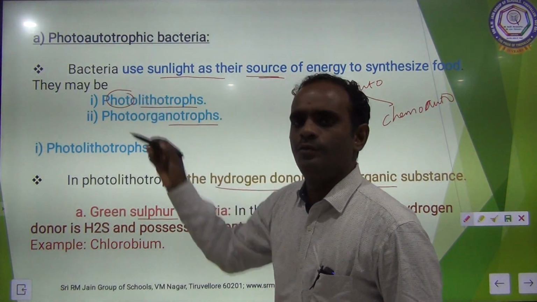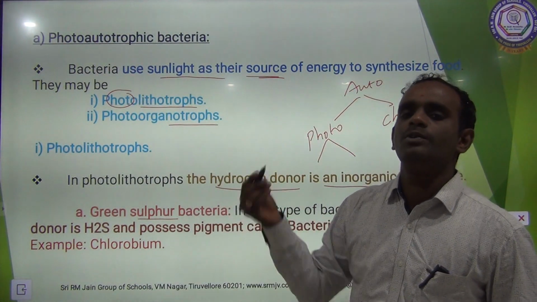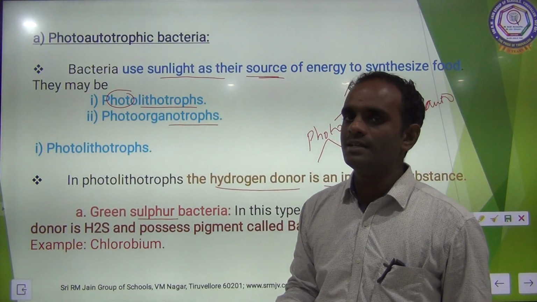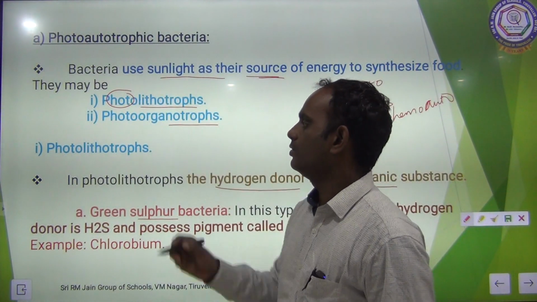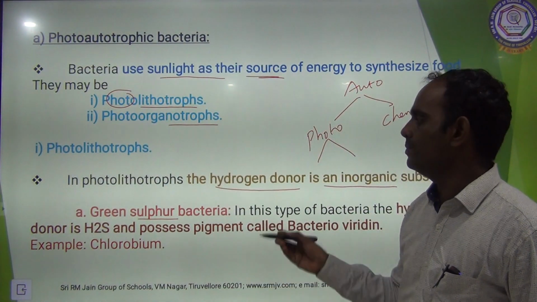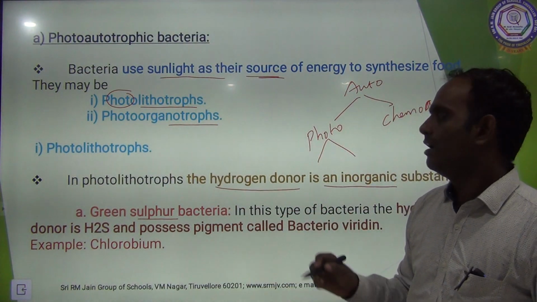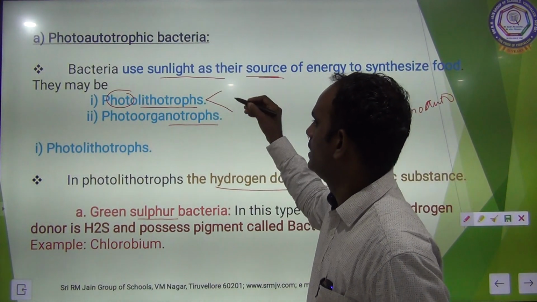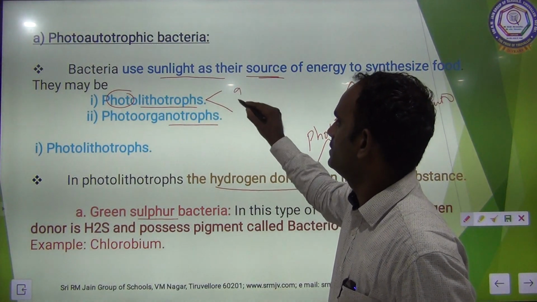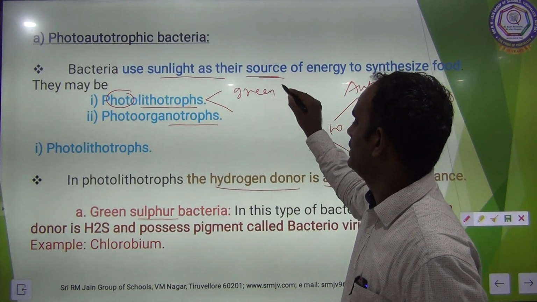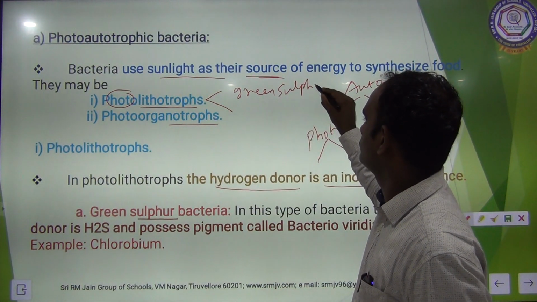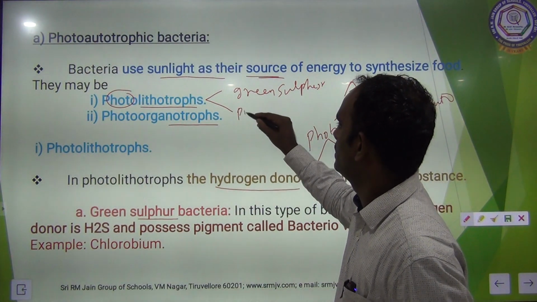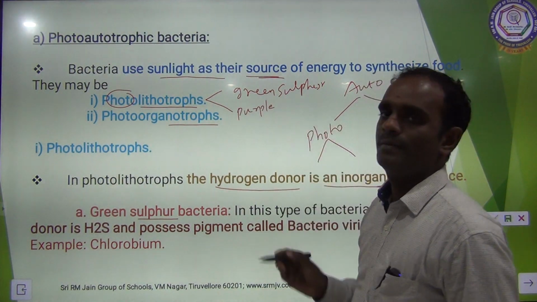Whenever you hear the word photo, that organism utilizes sunlight as the energy source. In photolithotrophs, the hydrogen donor is an inorganic substance. It has two examples: green sulfur bacteria and purple sulfur bacteria.